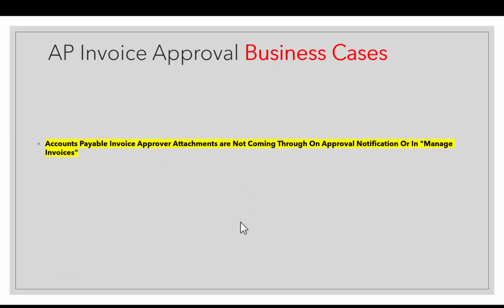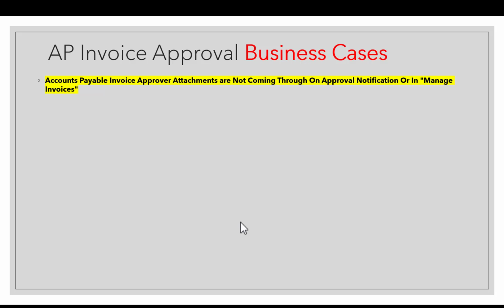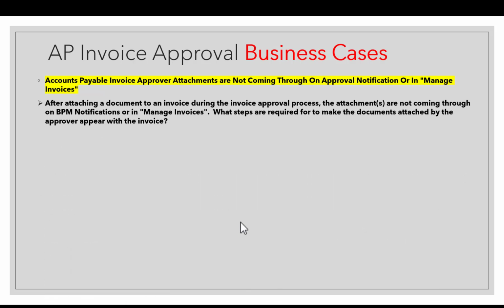What else do we have? Account payable invoice approval attachments are not coming through on the approval notification or in Manage Invoices. The case is, after attaching a document to an invoice during the invoice approval process, one or more attachments are not coming through on the BPM notification in Manage Invoices. What are the steps required to make the document attached by the approver appear with the invoice?